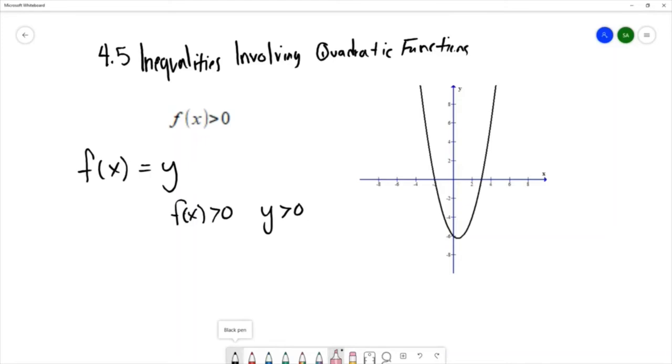So on our y scale, y is greater than 0 when we're above the x-axis, y is less than 0 when we're below the x-axis, and y is equal to 0 when we're on the x-axis.